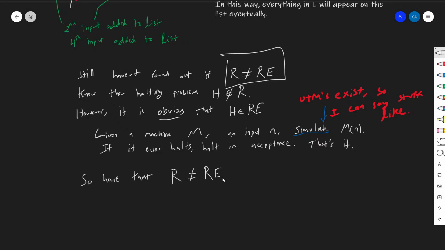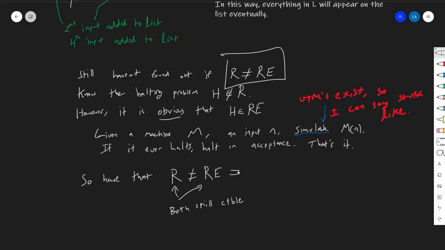But nonetheless, they're still both countable, and the reason is because they both depend on Turing machines existing. There's only as many languages in both of these classes as there are Turing machines, and there's a countable number of Turing machines. And so that's why, while these aren't equal, they're still kind of the same size-ish.